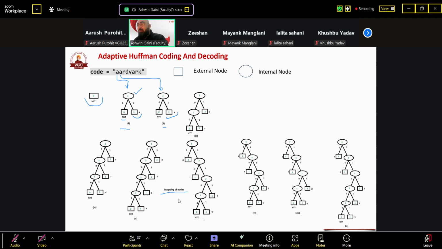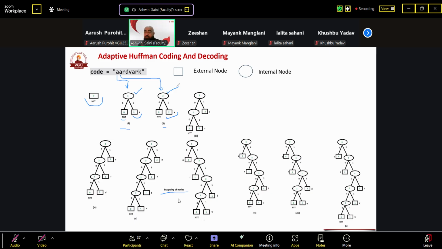We had a weight 1, and we are updating the weight to 2 as the new character is also A. After adding 0 and 1, we are checking the Huffman property from left to right. Is it in ascending order, 0 and 2? Yes, it is in ascending order. 0 and 1 are the left and right nodes. We are adding, and the total is increased from 1 to 2.